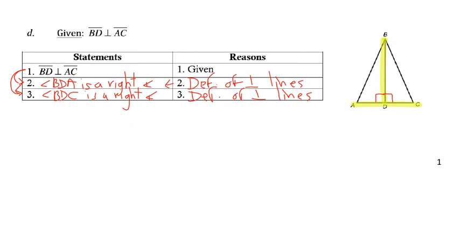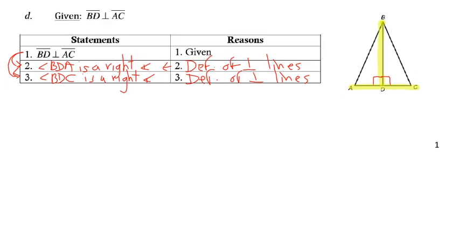So perpendicular lines intersect to form right angles. We follow the definition precisely, and so the conclusion should be that we have right angles, not angles whose measures are 90 degrees, although that will be true, but that is not coming directly from the definition of perpendicular lines.